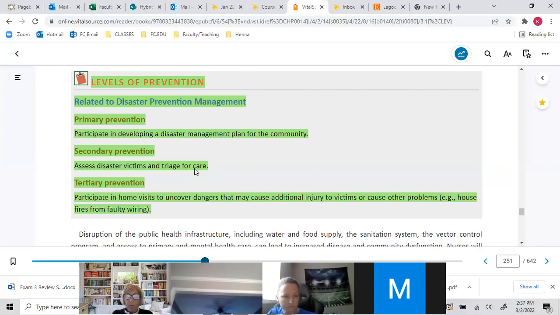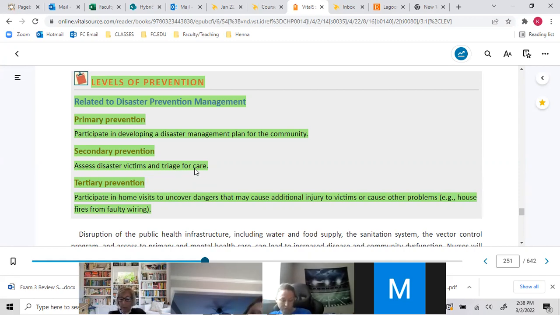You're trying to prevent further damage, further carnage. Okay, and that's why we do triage. So you're screening. You could use the word screening here. You're screening victims, triaging them for who can be helped and maybe who cannot be helped.